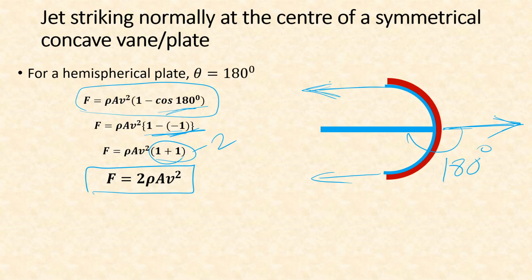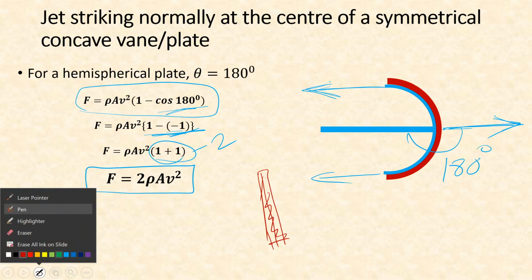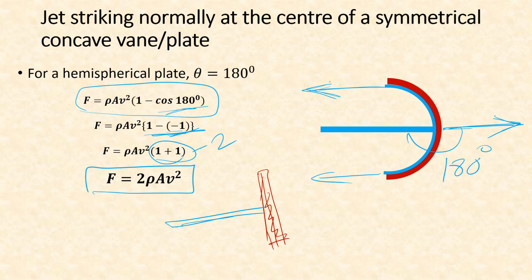Remember, in case of a flat plate which was hit by a normal jet in this direction, it got deflected by 90 degrees and we got a force equal to rho a v square.